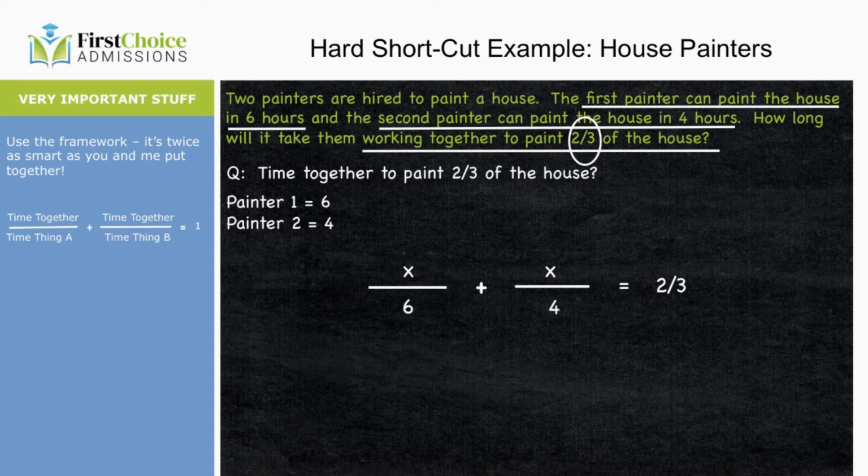We know that 6 and 4 are in the denominators because those are the individual times. And we also know that all we do is multiply through by the common denominator of 12. And in no time flat, we are figuring out 2x plus 3x equals 8, 5x equals 8, x must be 8/5. Done. Excellent. Let's try another one.